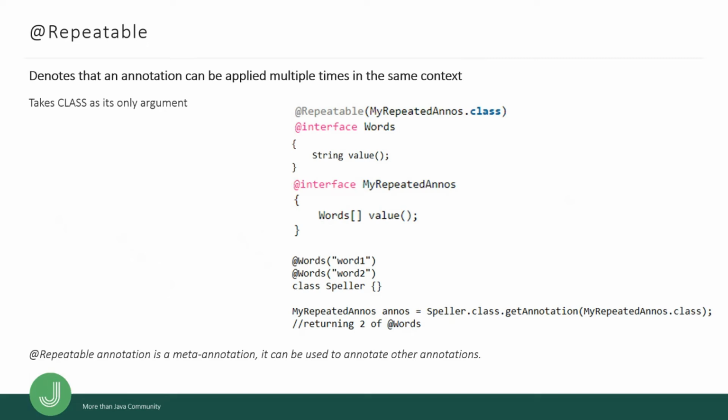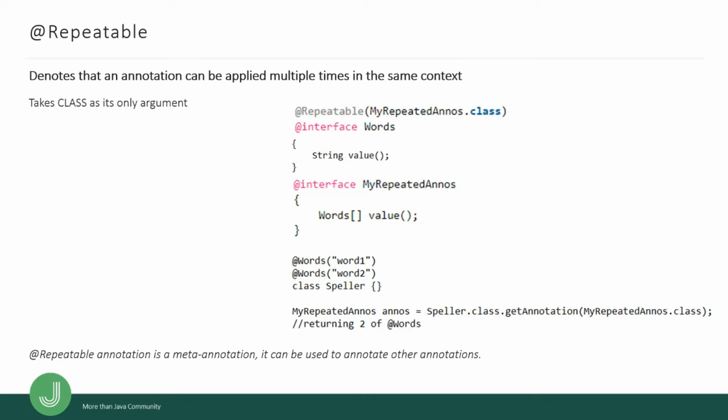What we're passing in repeatable is its container annotation that will contain all the repeatable annotations at once in one array. So let's see how we can use it. For example, we have a class speller, and we're marking it 2 times with annotation words, with word 1 and word 2. So now to get all the annotations we have here, because they are repeatable, there are multiple of them.